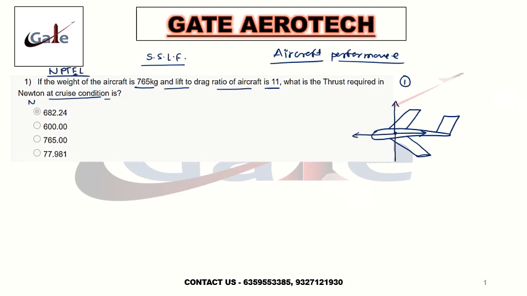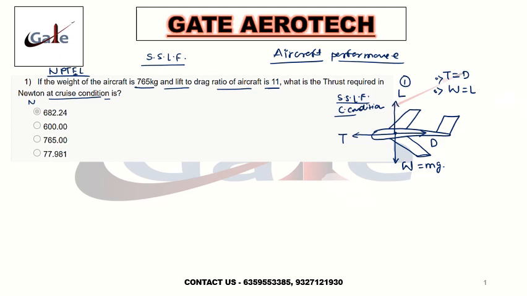Cruise condition means this is your thrust, this is your drag, this component is lift, and this component is weight. Weight is nothing but m into g. Now for steady state level flight, or cruise condition, thrust will be equal to drag, and weight will be equal to lift.